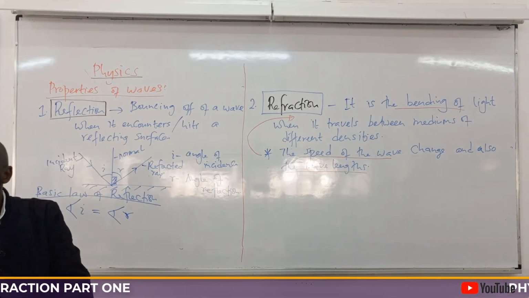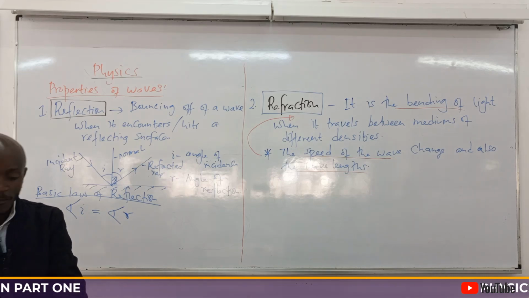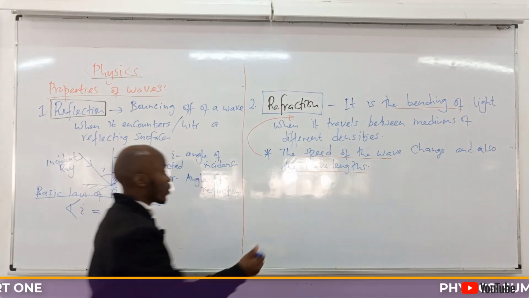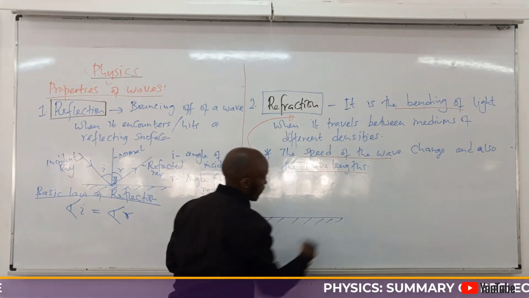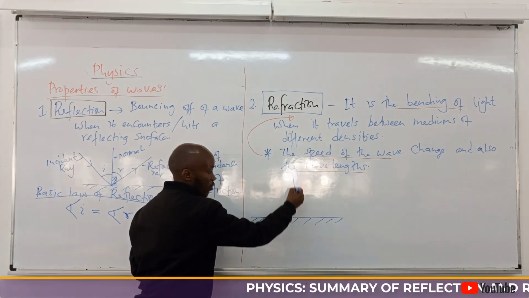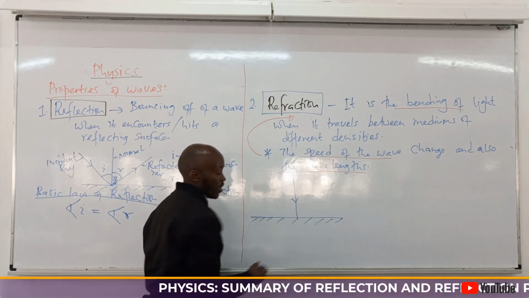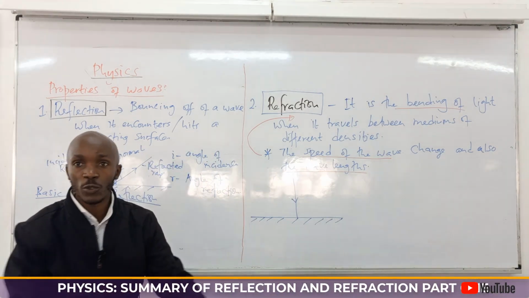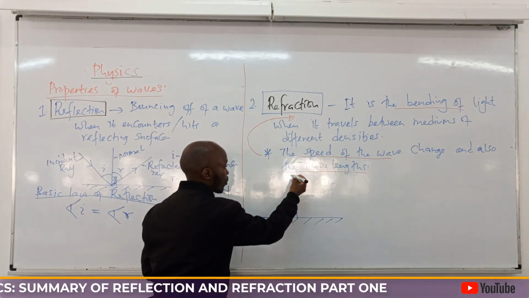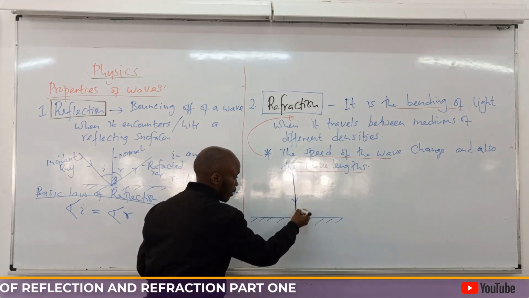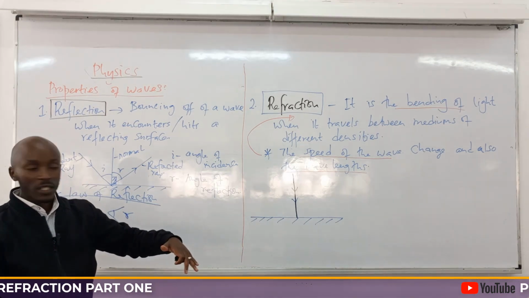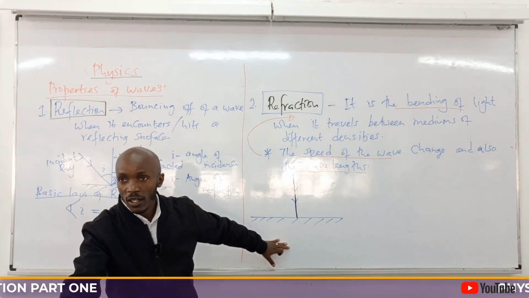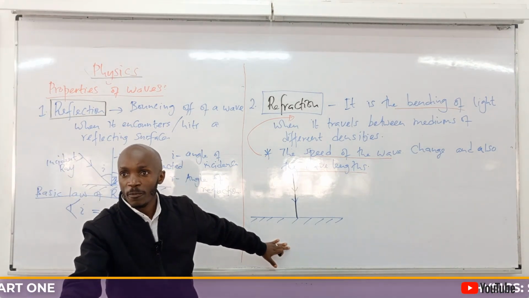That is during refraction. Last time we said, if a ray of light passes through the normal, like if this is the reflecting surface, and we have the normal here, if you bring a laser torch through this line, so that the ray of light passes through the normal, does it undergo refraction?